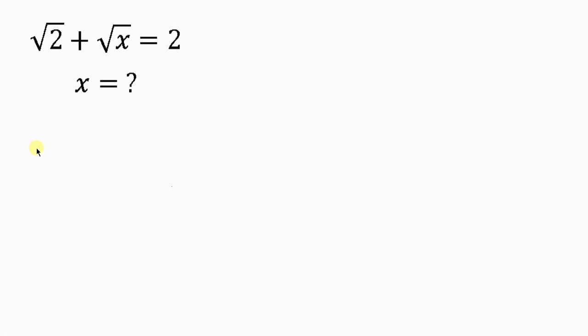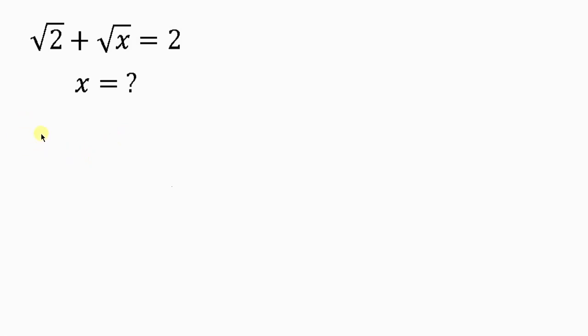Look at this nice and beautiful question on the board that we're going to be solving. The question says, find the value of x for which the square root of 2 plus the square root of x is equal to 2. Well, our first step will be for us to take the square of both sides.